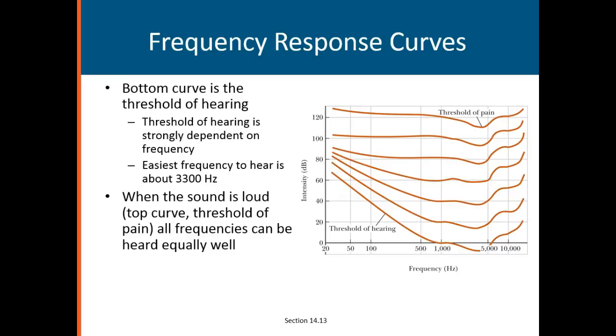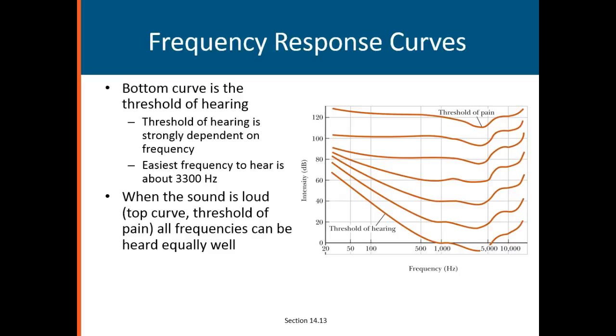The threshold of hearing is very strongly dependent on frequency. The easiest frequency to hear is about 3,300 hertz, somewhere in here. Somewhere in here is your easiest sound to hear. Very, very low decibel, you can still hear it.